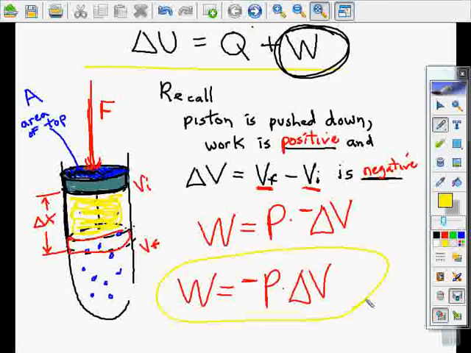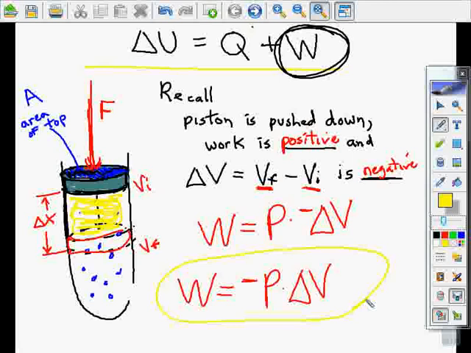When we say the work is negative, the textbook would call it positive. So anytime you're checking answers in the back of the textbook, your internal energy answers are going to be exactly the same. Your heat answers are going to be exactly the same. But whatever you get for your work answer, they should get the same answer with the opposite sign.